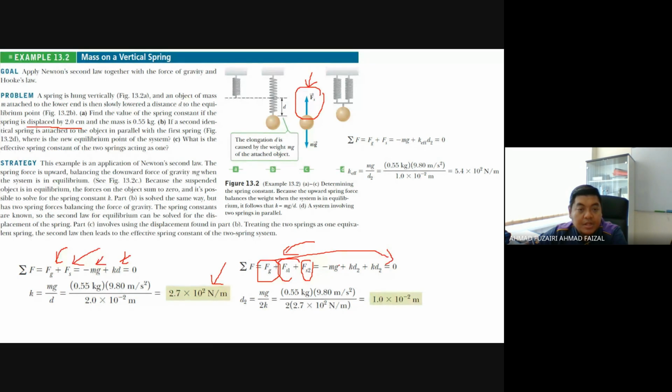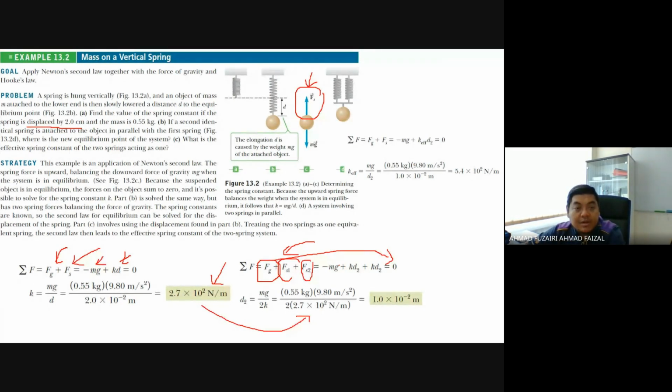K is 2.7, given from the first part of the question, so we can use that K to find the equilibrium point, which is at 0.01 meters, about 1 centimeter.